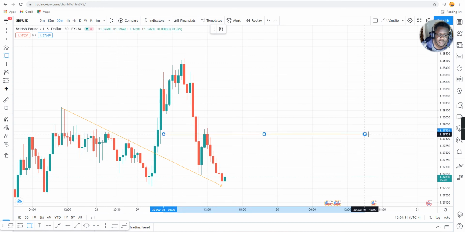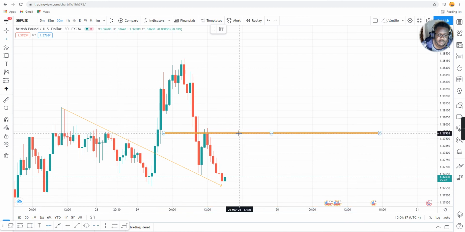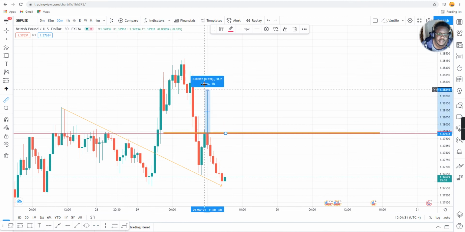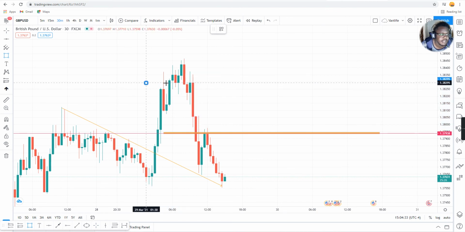We need a 30-minute candle to break and close above here. Then you can look for buying potential for price to continue back up. Because again, the idea is always to mirror clean candle movement, and as you can see here, this is a 36 pip range. So the whole idea will be again to mirror the move back up to this level.